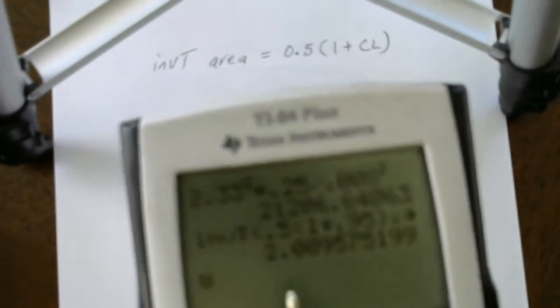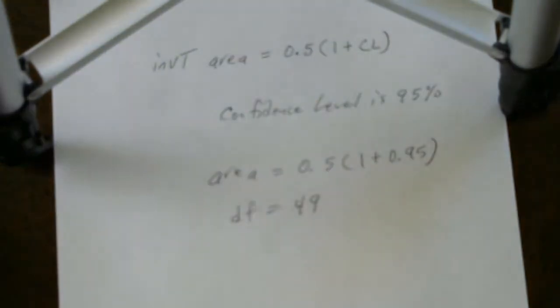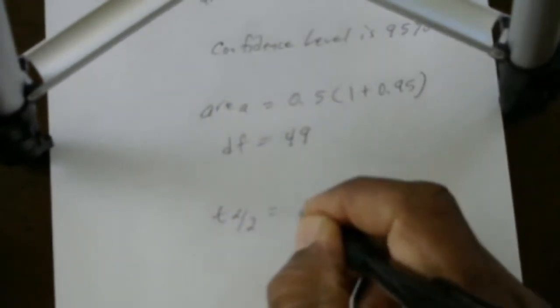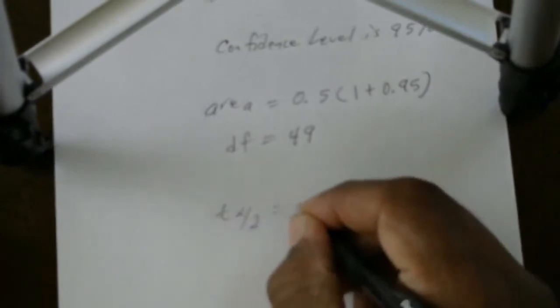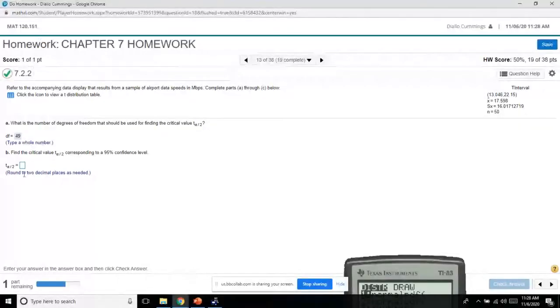I get a value of 2.00. So my T alpha over 2 value is 2. Rounding to 2 decimal places, 2.00, we're around the 2.